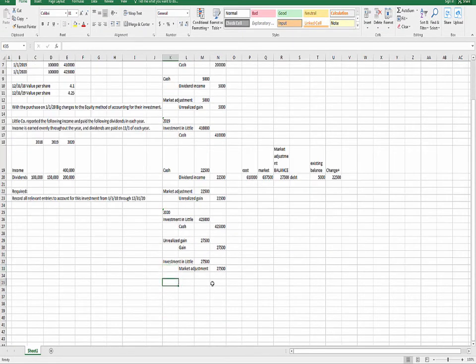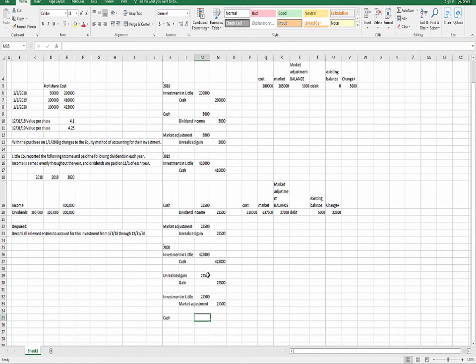Okay, finally, now we can start using the equity method. We're going to receive our dividends. We now own 25% of Little Company stock. So we're going to get 25% of their 2020 dividends. And so that's going to reduce our investment.